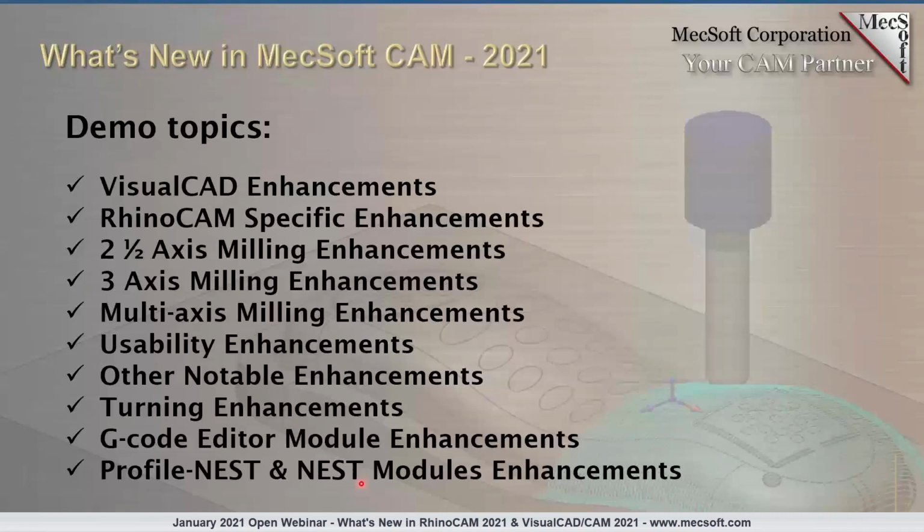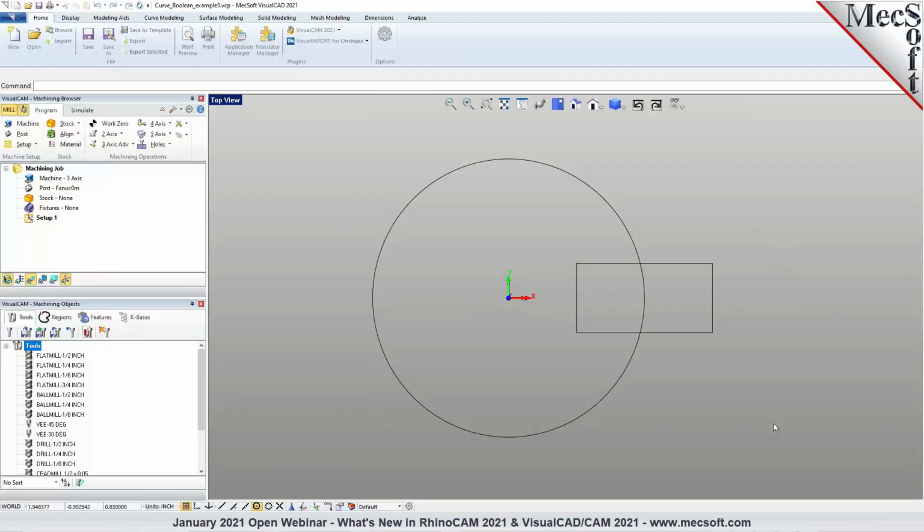So without any further delays, I will be starting the actual product demonstration. The first thing I'm going to do is cover the enhancements in VisualCAD/CAM. I currently have a drawing open in VisualCAD/CAM 2021.